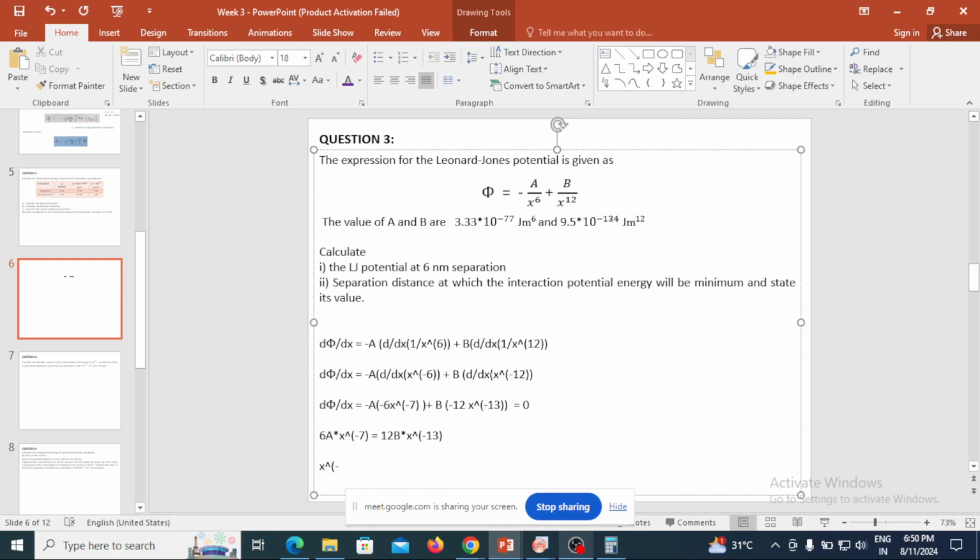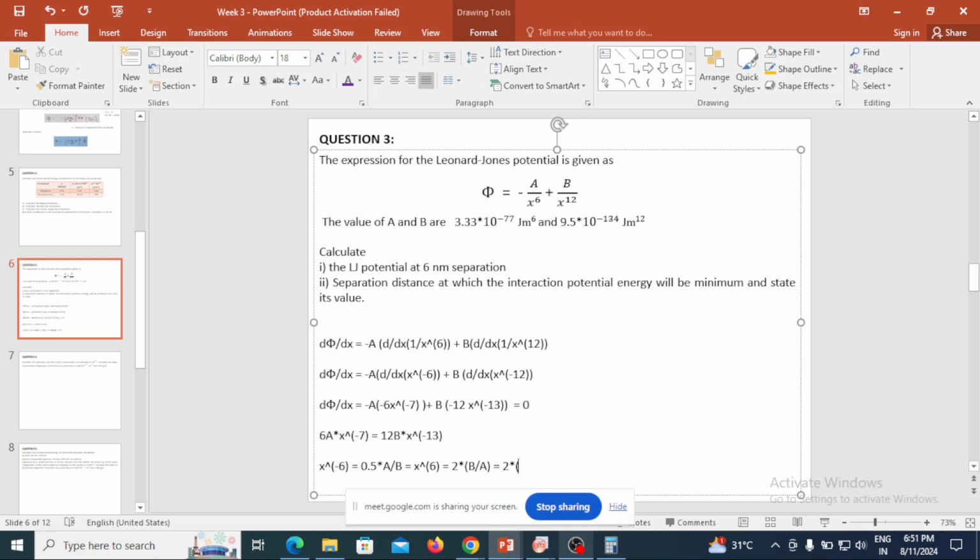Or you just write it like this: x power minus 6 is equal to 0.5 times a by b, or you can write this as x raised to the power 6 equals 2 times b by a.